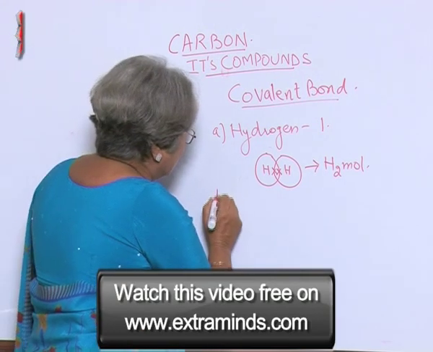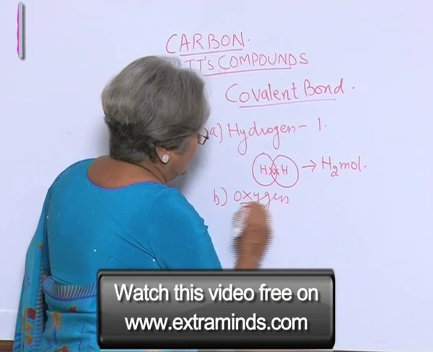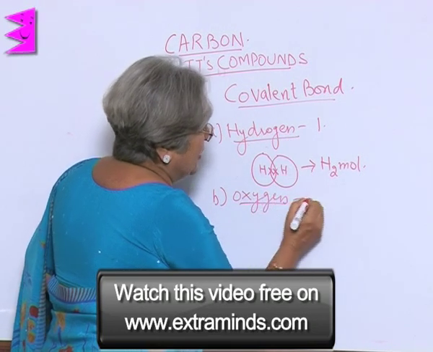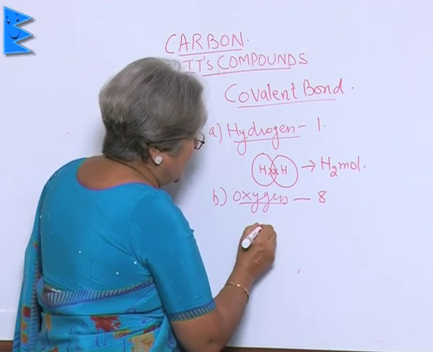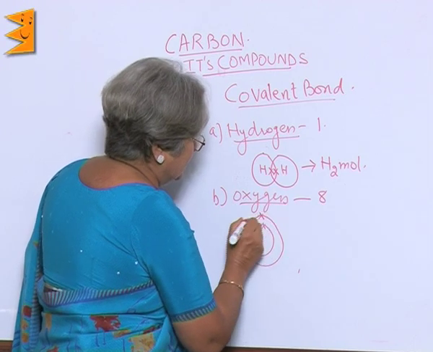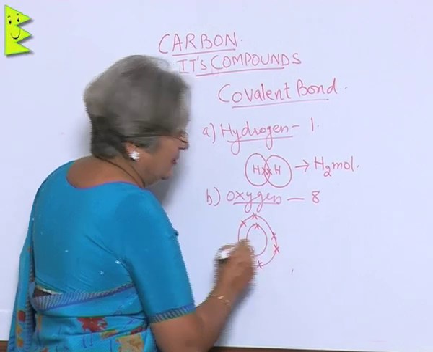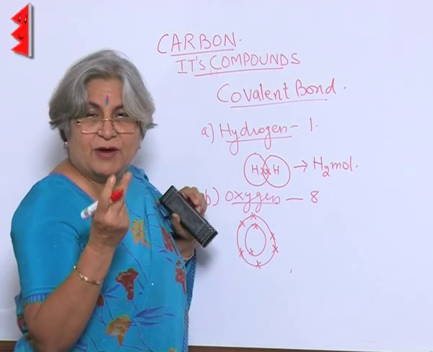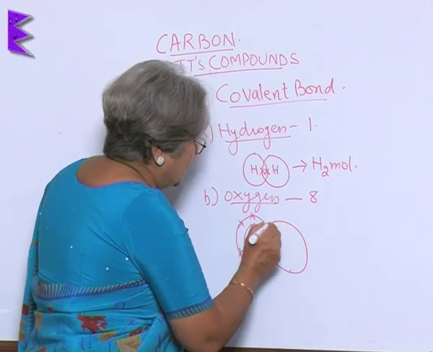Let us take another case, oxygen. Atomic number is 8. So first shell will have 2, second will have 6. Now this also requires 2 more electrons. Once again sharing with second atom.